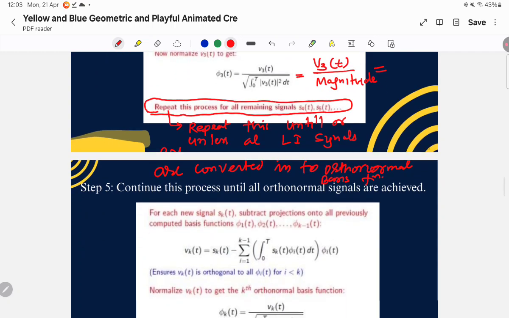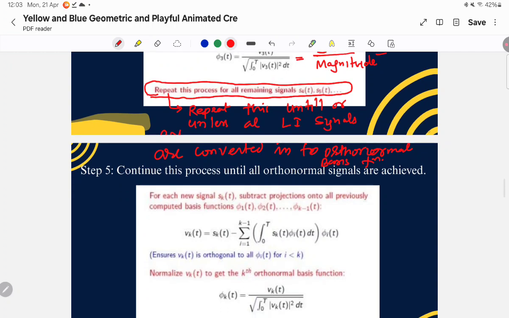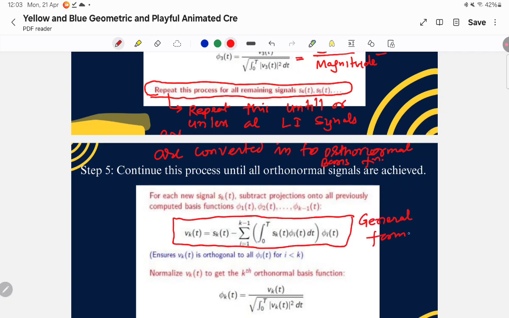Now it is written in general: if we have k signals, in general the formula is this. So this is the general formula to calculate the orthogonal signal. What is the process?